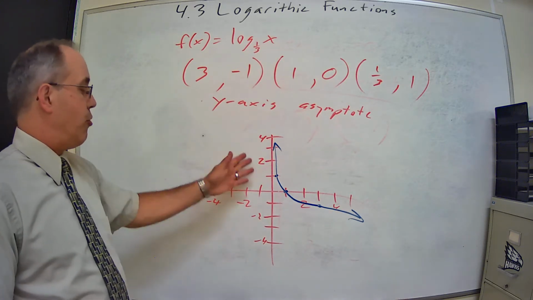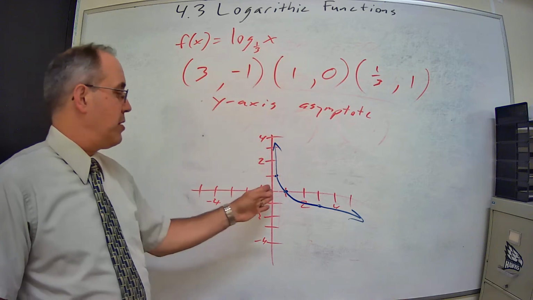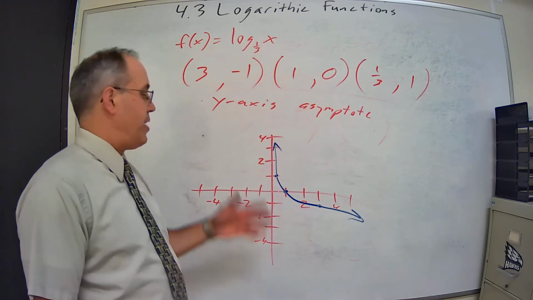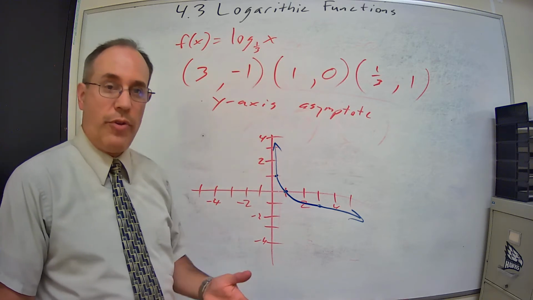So we can see that the domain is from 0 exclusive to infinity, and the range is from -infinity to positive infinity, all real numbers.